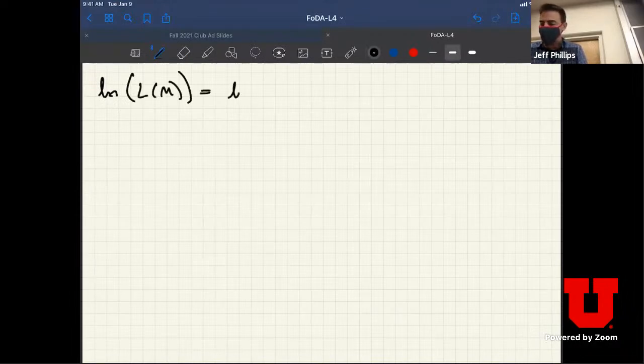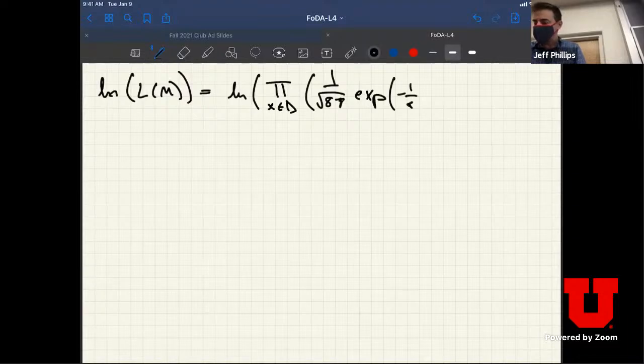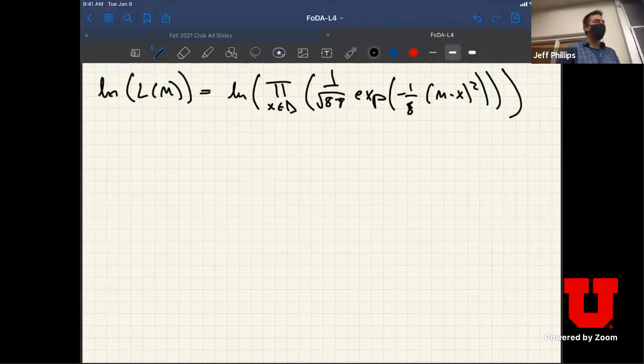This is going to be equal to ln, the natural log of the product over x in D, by independence, of 1 over square root 8 pi times exp of negative 1/8 (m minus x) squared. This is now the log likelihood. I've turned something messy into something that looks even worse somehow, but I promise you, the next step will start to clean things up.